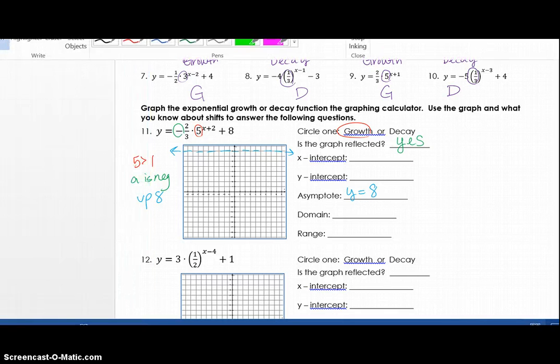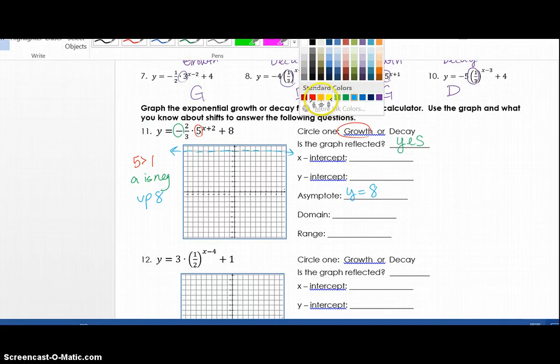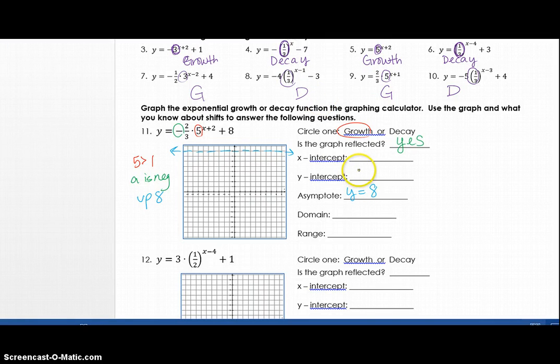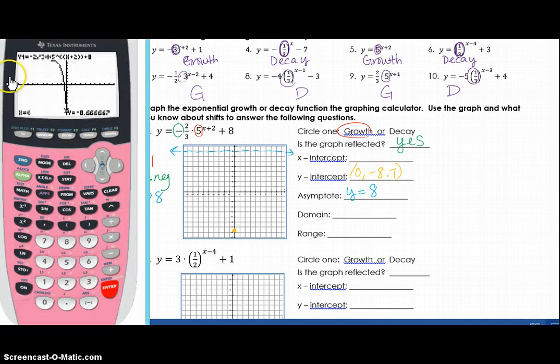So we're going to write in the point (0, negative 8.7) for our y-intercept, and we're going to graph that.